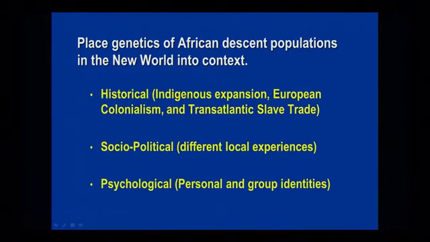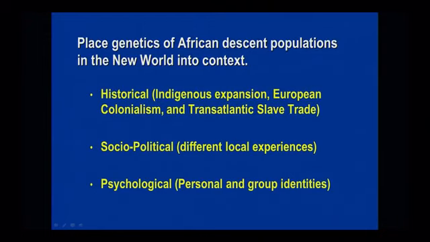So today I'm going to talk about placing it into historical context. We talk about the expansion and the bottleneck of the Native American component, European colonialism, and the transatlantic slave trade. Then social political context, because there is no monolithic African American or African descent population.